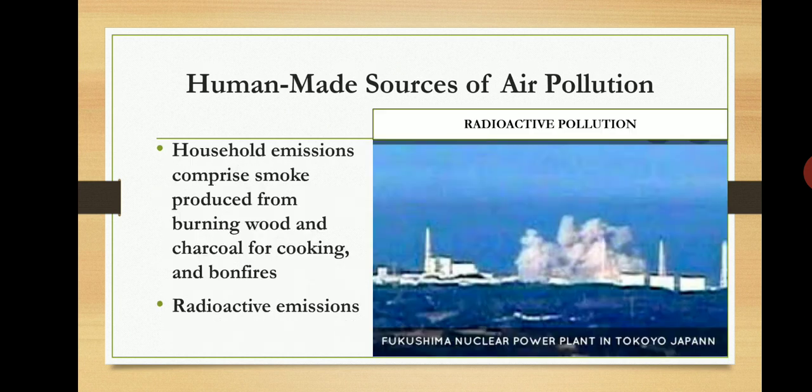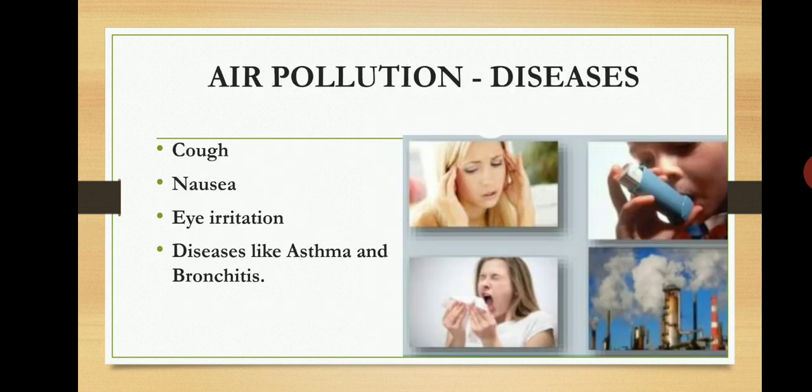Household emissions comprise smoke produced from burning wood and charcoal for cooking and bonfires. And finally, radioactive emissions. Okay, so these are human made sources of air pollution.